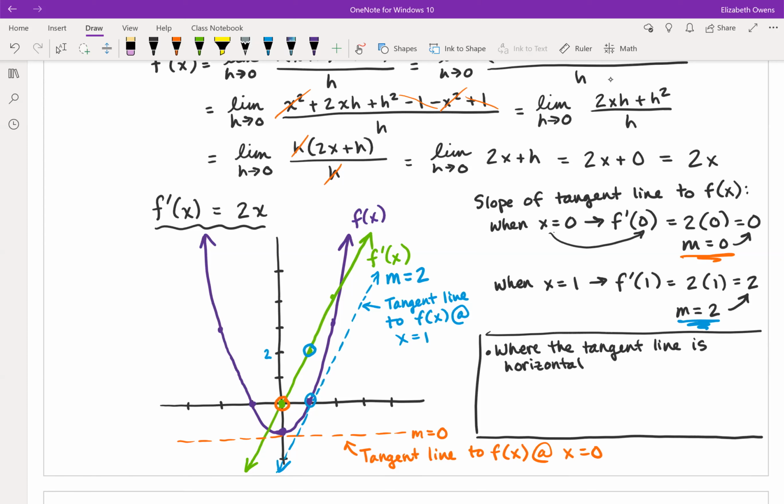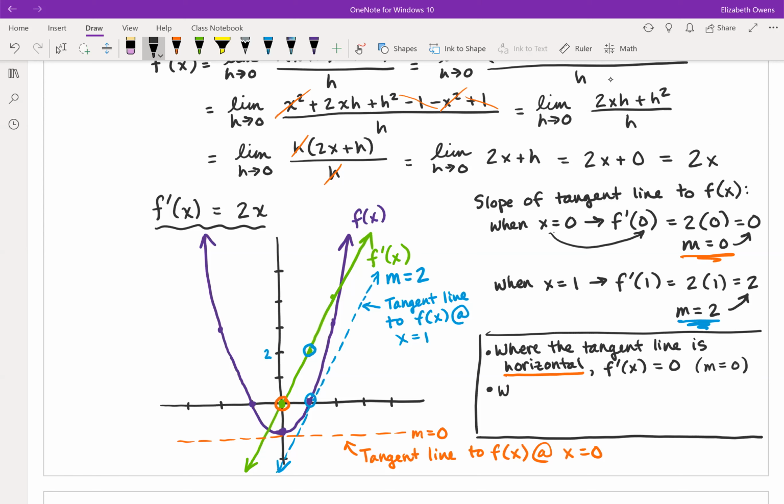So horizontal tangent line. We got a derivative that equaled 0 because the derivative provides the slope of the tangent line. So m equals 0, f prime of x equals 0.